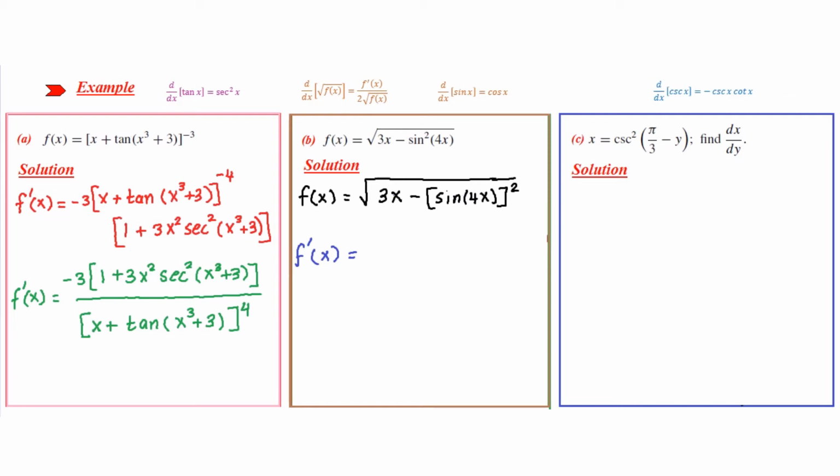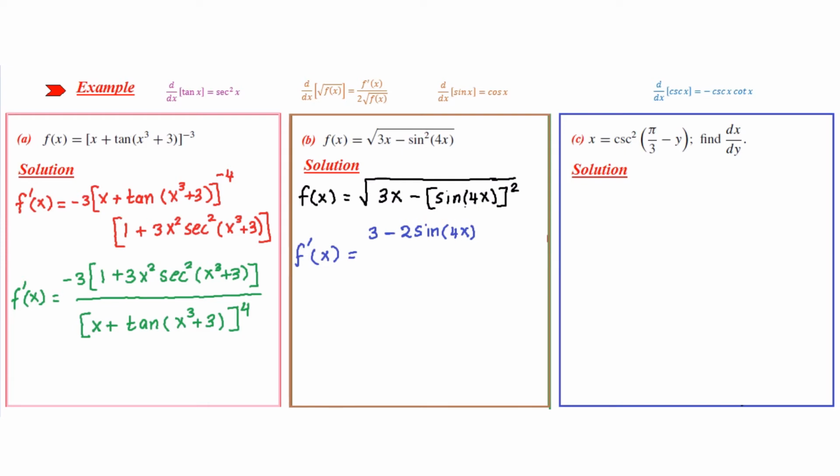So the derivative of the inside function is: derivative of 3x is 3, minus, here you have to use the power rule, 2 multiplied by sine 4x to the power 1, no need to put the power 1, because 2 minus 1 equals 1.